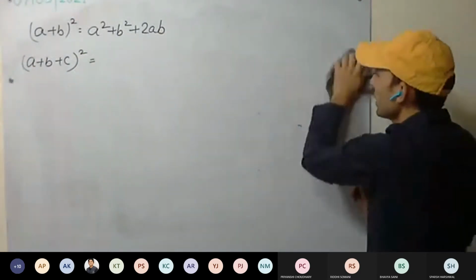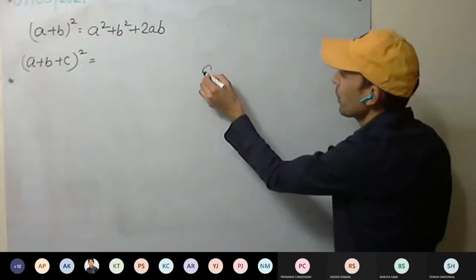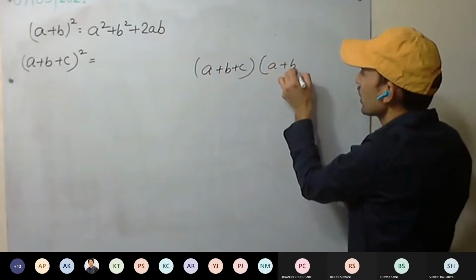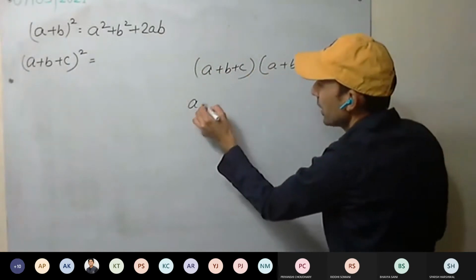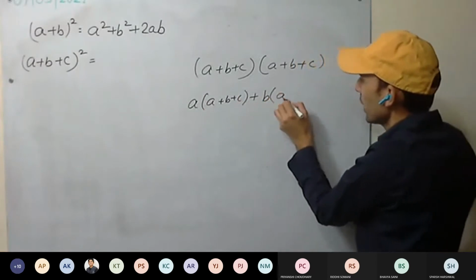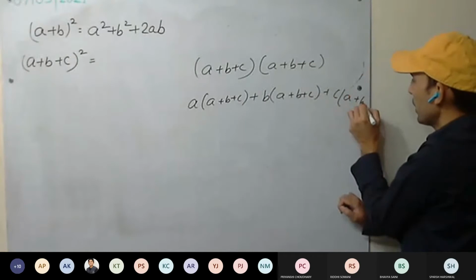That is a plus b plus c into a plus b plus c. Then a into a plus b plus c, plus b into a plus b plus c, plus c into a plus b plus c.